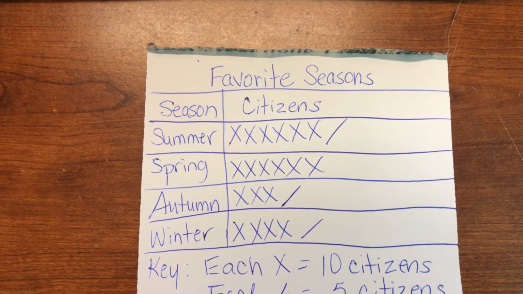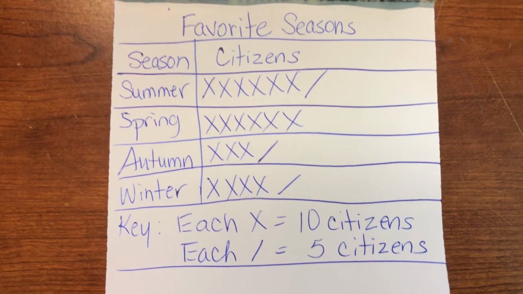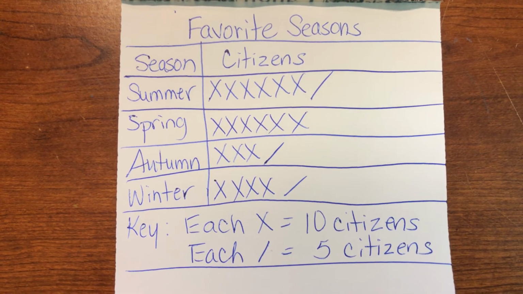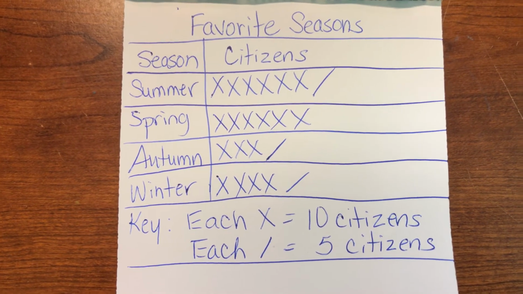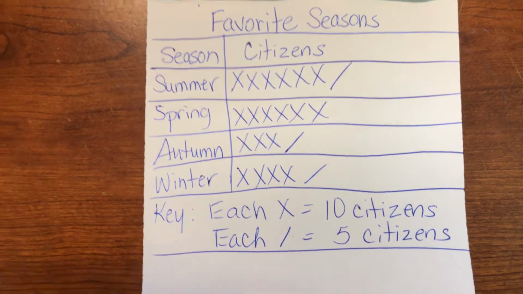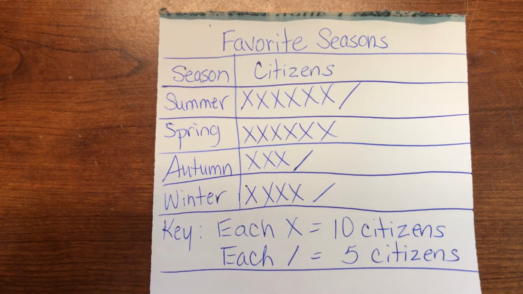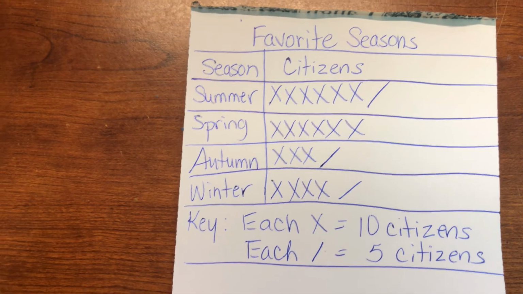Now, what if I asked you to look at this pictograph and tell me which seasons were enjoyed or preferred by fewer than 50 citizens? Well, now you have to actually look at each one of these. And anyone who has more than 5 X's, because 5 times 10 is 50, would not qualify.